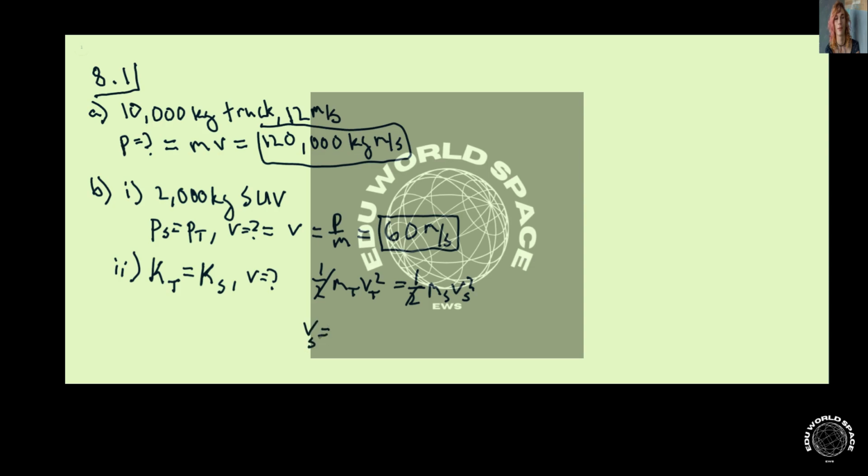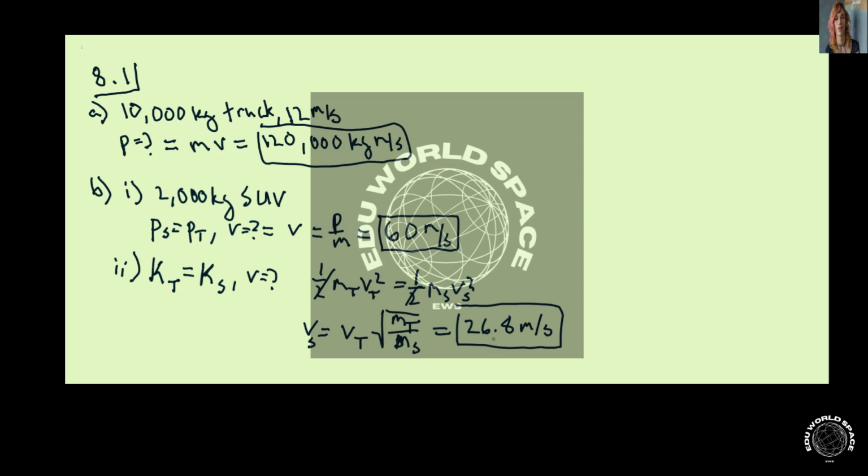And we find that the speed the SUV needs is going to be equal to the speed of the truck times the square root of the mass of the truck divided by the mass of the SUV. And again, just putting the numbers in, we find that this is 26.8 meters per second.